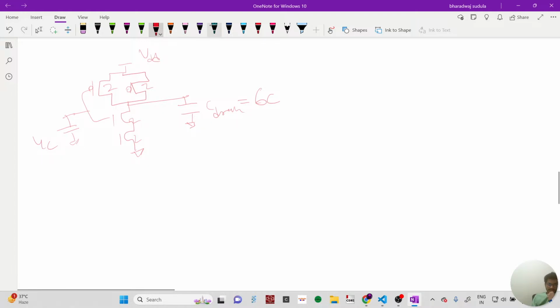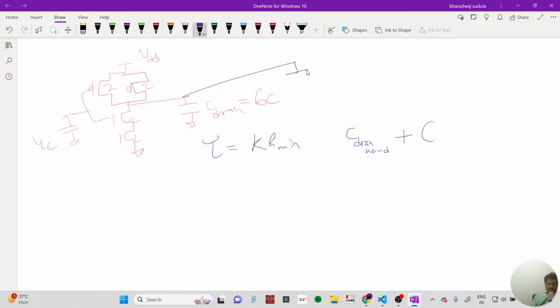So if I write the delay time constant, kr min, diffusion cap is drain cap of NAND plus, if there is a load CL, C load, and let's manipulate this.